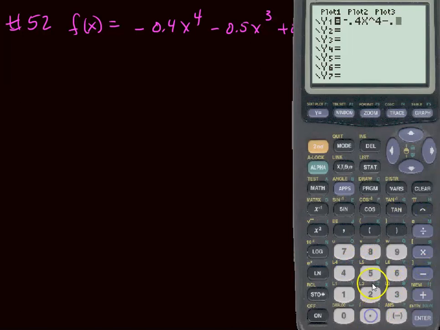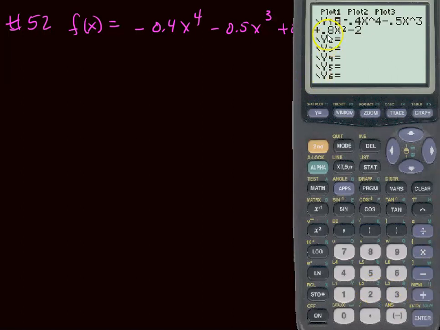Minus 0.5x cubed, x to the 3rd. Plus, this is going to be 0.8x squared. And minus 2. Not negation, but subtraction.